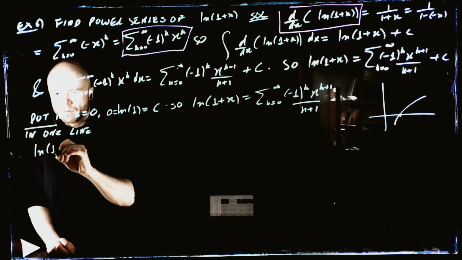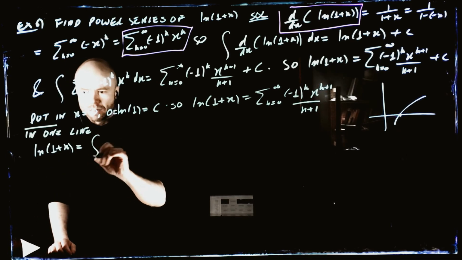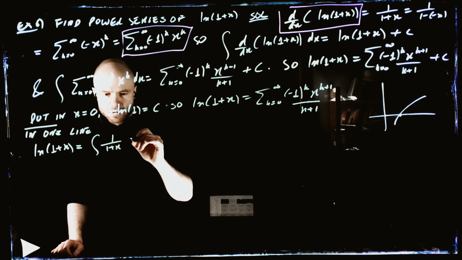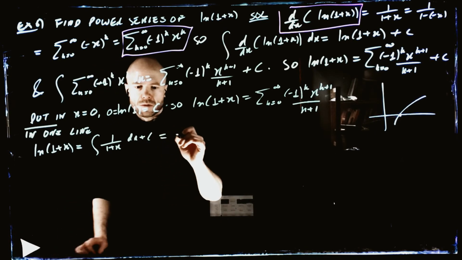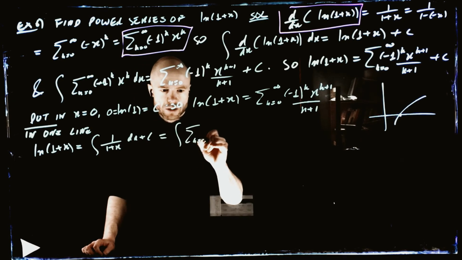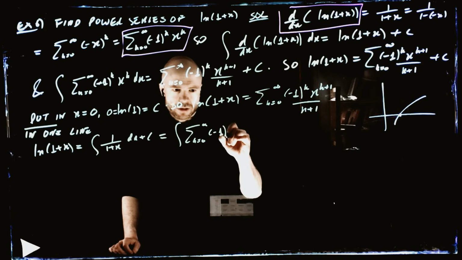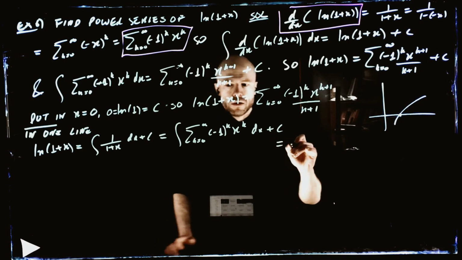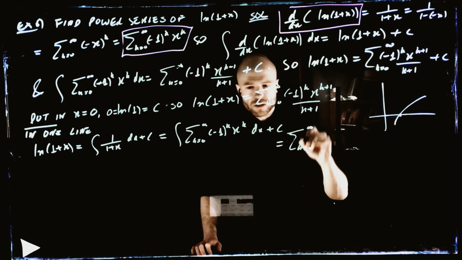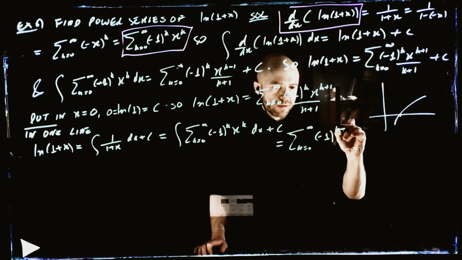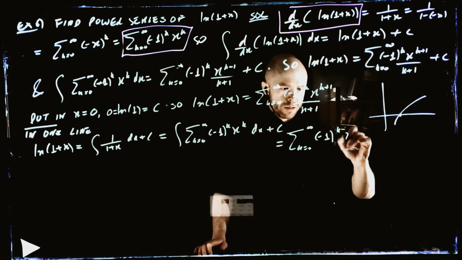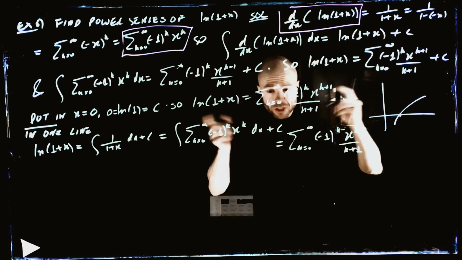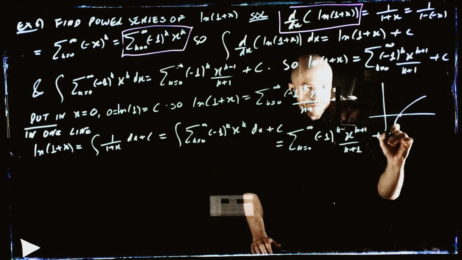I would go: log of 1 plus x is the antiderivative of 1 over 1 plus x plus constant c, which is the antiderivative of the sum k equals 0 to infinity of minus 1 to the k, x to the k, dx plus constant c, which is equal to the sum k equals 0 to infinity of minus 1 to the k, x to the k plus 1 over k plus 1, and I have another c, which I still call c because all c's are the same, plus constant c.